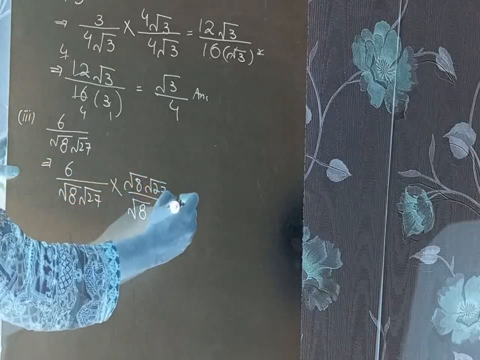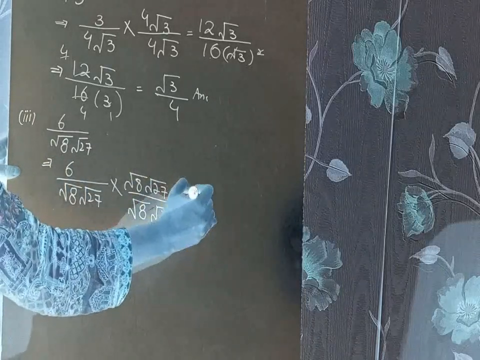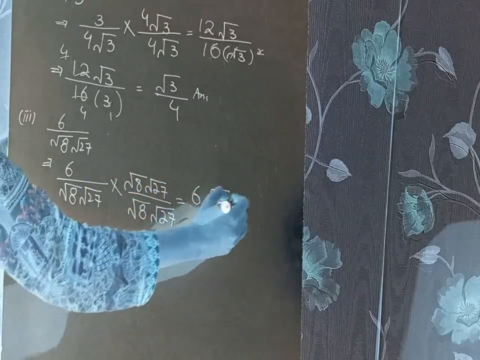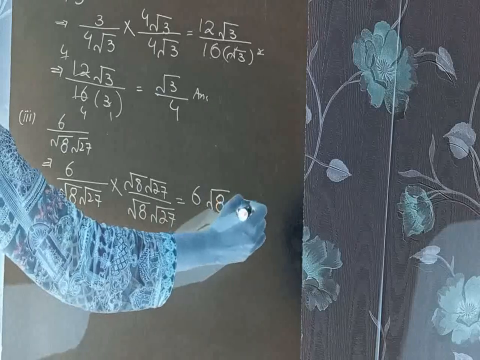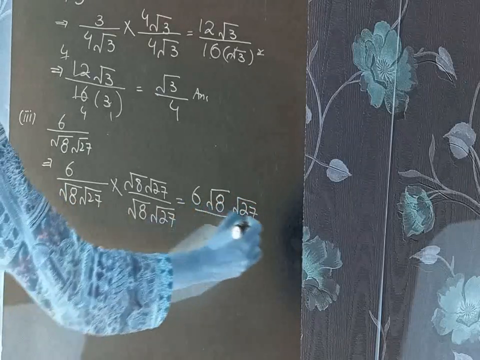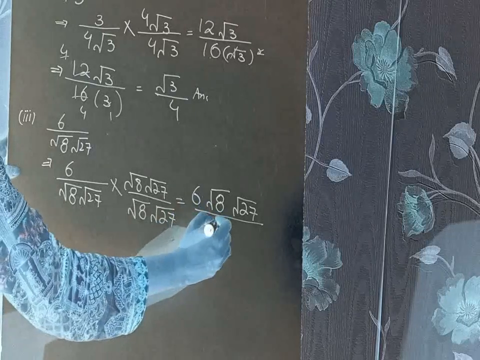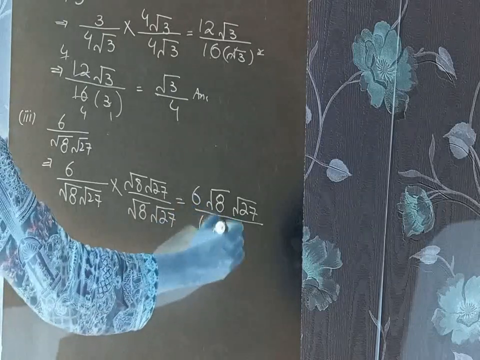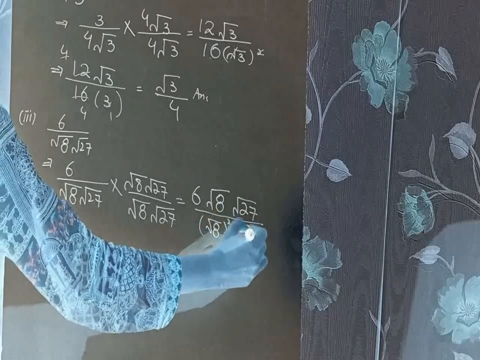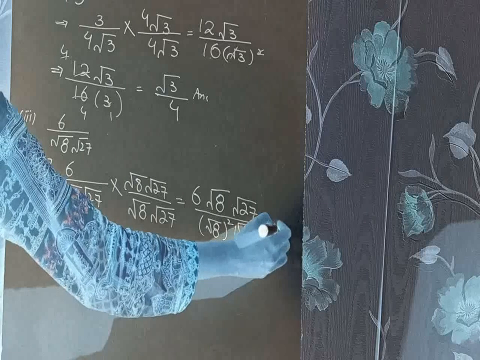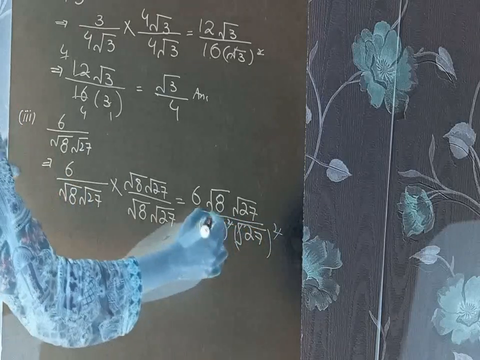So this is the 6 outside the surd. Both of these, root 8 and root 27, we will write in the denominator. Under root 8 under root 27 two times, so we will take its square. This is cancelled.